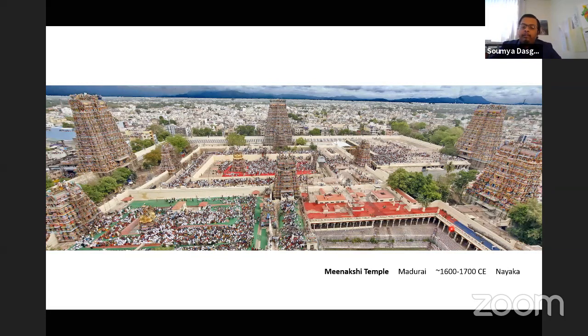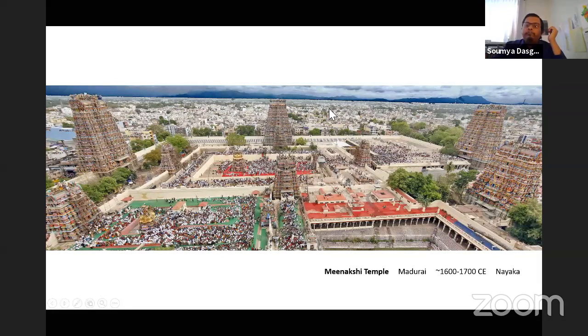From what I was reading, the Meenakshi temple had an earlier precedent, and then it was reconstructed and made into this large, huge complex by the Nayaka dynasty much later. And as you can see now, this whole thing is not only a proto-urban space, it has become a city in itself. It has almost become like a city fabric, right, in Madurai. It's almost like a whole place on its own.